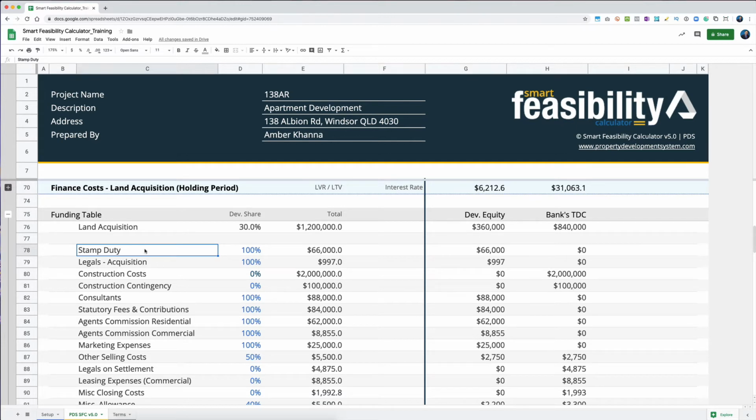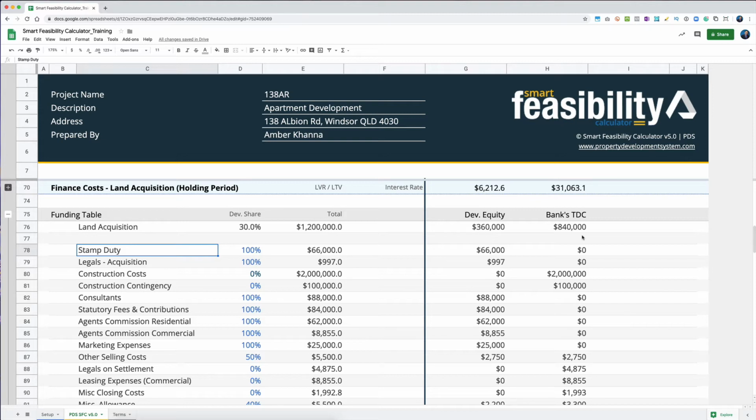What this funding table allows you to do is say what you are going to contribute as a developer's equity, which is right here, and what the bank will consider as part of hard costs to get the bank's total development costs.